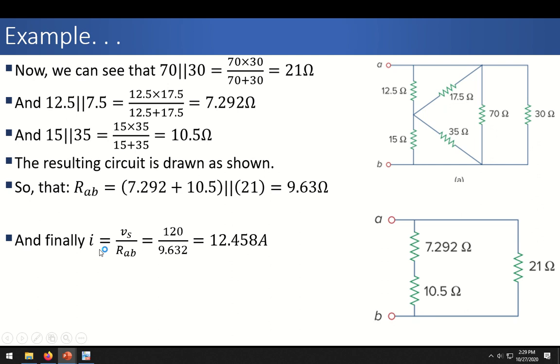So the current from A to B terminals will be I is equal to Vs divided by RAB, that is 120 divided by 9.63. So this is actually 12.458 amperes. So now we have found the current in the main branch. So you can see that delta star transformation could be useful in certain circuits.